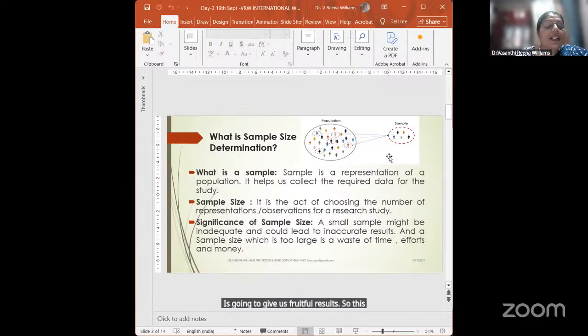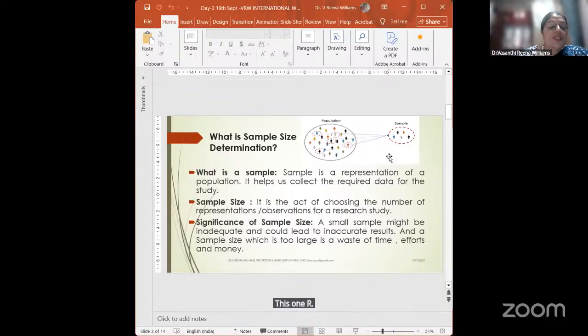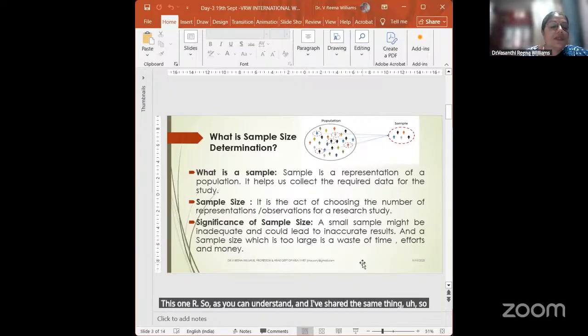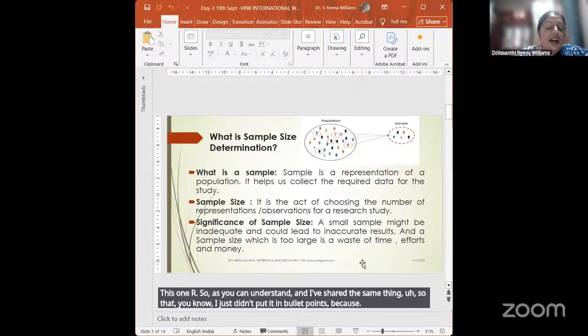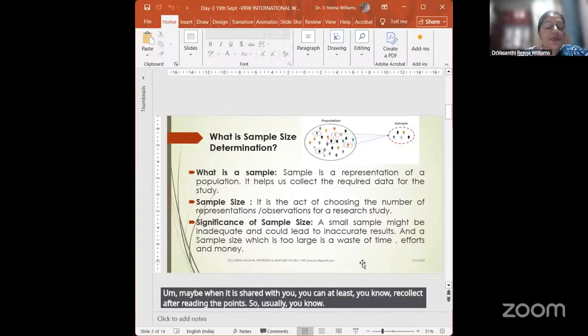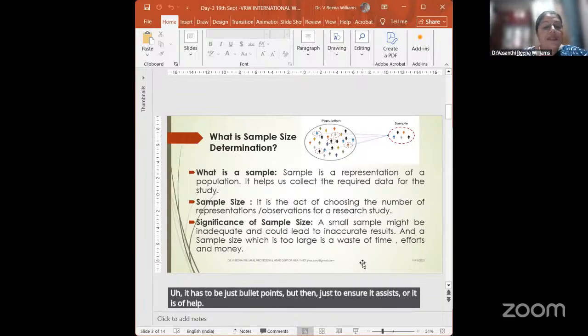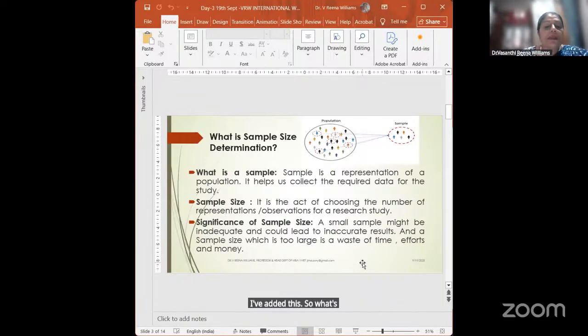So this is basically what we'll be focusing on in this 1 hour. I just didn't put it in bullet points because maybe when it is shared with you, you can at least recollect after reading the points. Usually, when you put a PPT, it has to be just bullet points, but just to ensure it is of help, I've added this. So what's a sample? It's a representation of a population. I'll give you one more example.